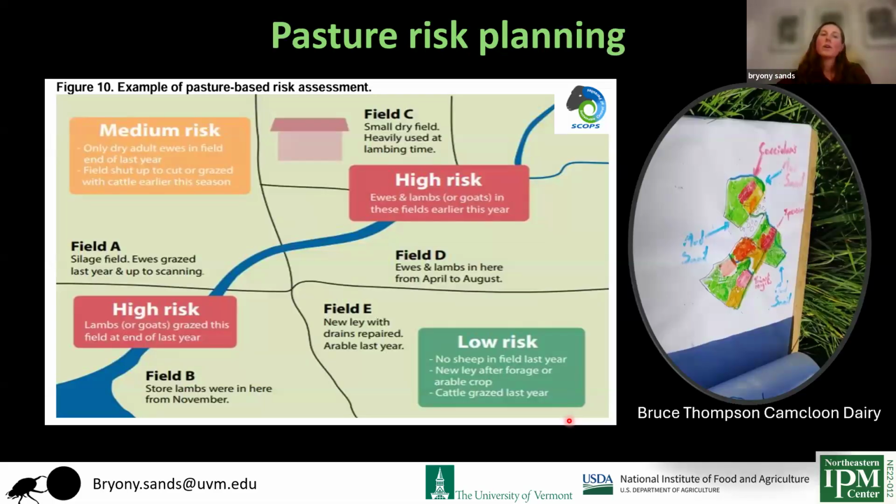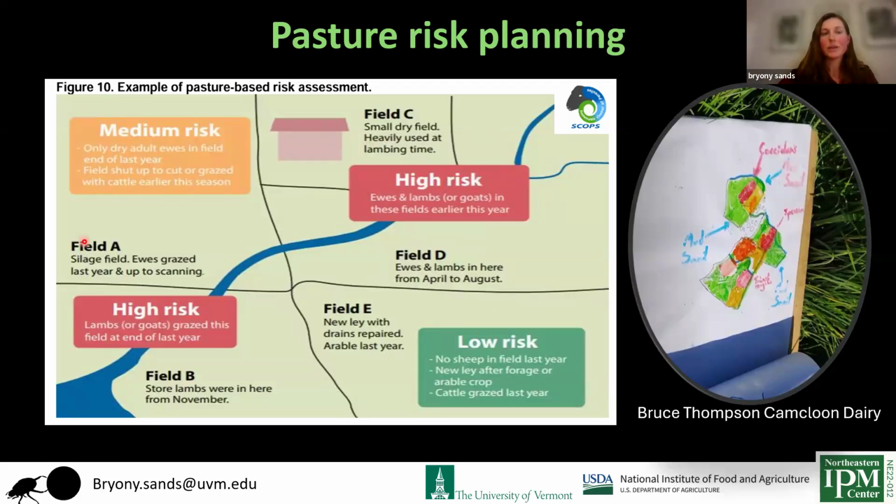I just wanted to show you this good tool for making sure that we are not exposing our vulnerable animals to very high risk pastures, but we are allowing them to come into contact with some level of worms. This is called pasture risk planning.